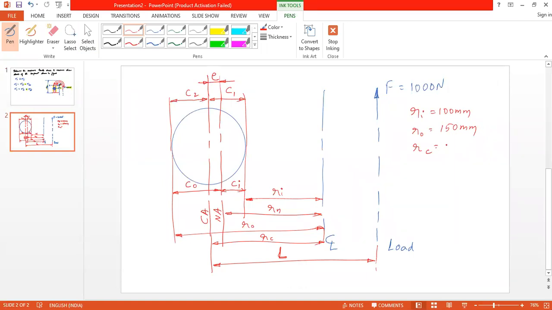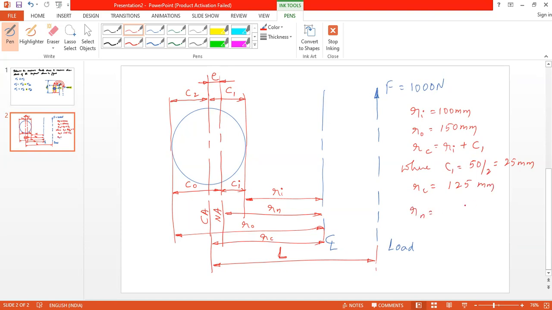Rc can be written as Ri plus C1, where C1 is equal to the diameter 50 mm divided by 2, that is 25. So Rc is 100 plus 25, which is 125.